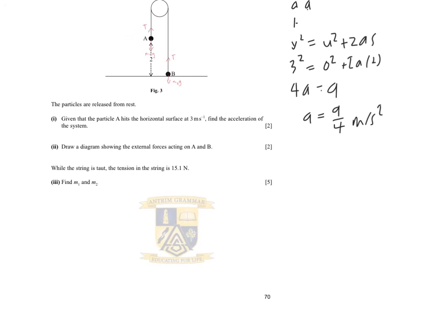If we form an equation using F equals ma, we'll first of all look at particle A. It's the heavier one, so it's going to go downwards, so the forward force there would be m1 g, and slowing it down would be the tension, which is 15.1 newtons, and that's equal to the mass of that particle, which is m1, times the acceleration, 9/4.